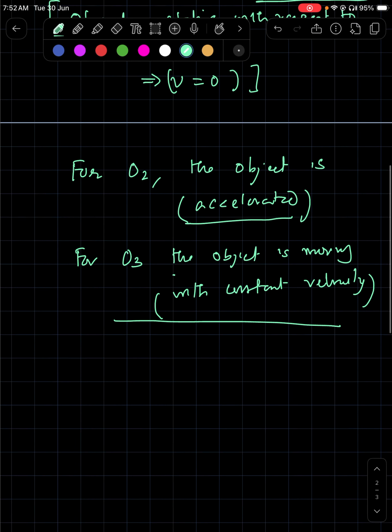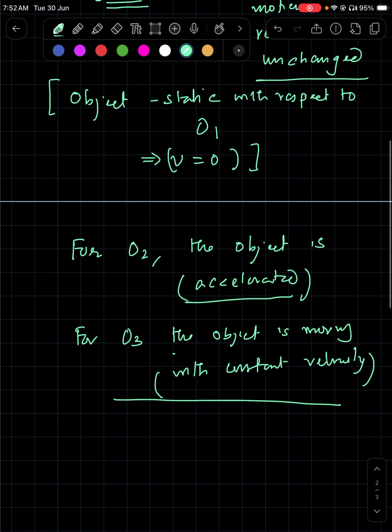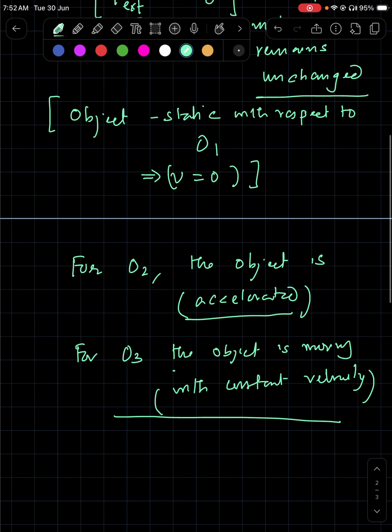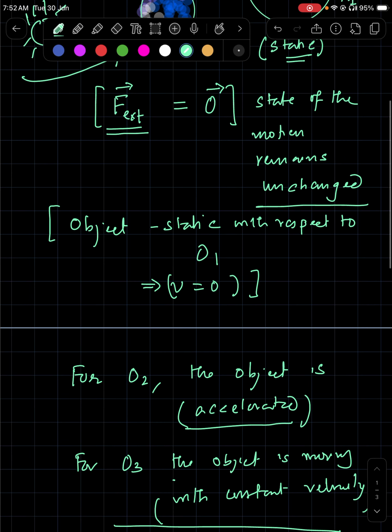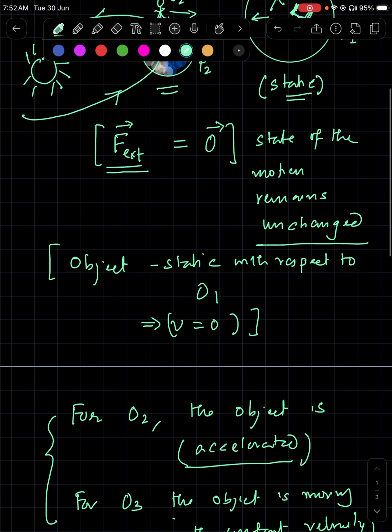So the answer is, our general notion is that the first law is giving us the notion of force. It is not at all giving us the notion of force. The first law is telling us who the observer is. In our universe there can be many observers, right?